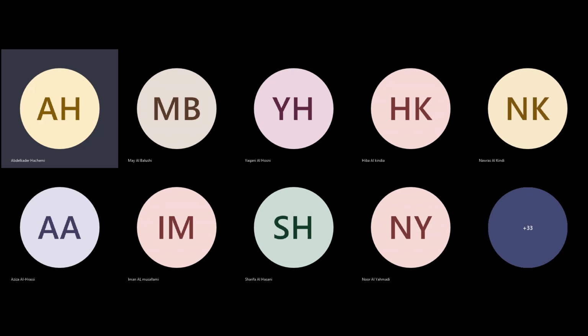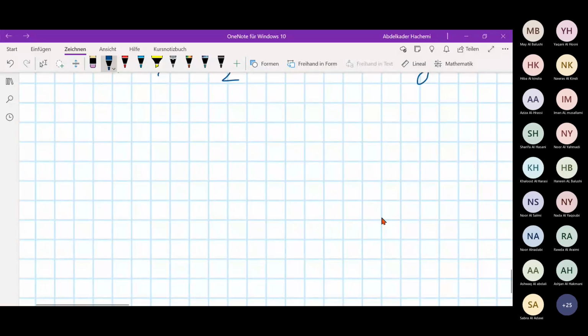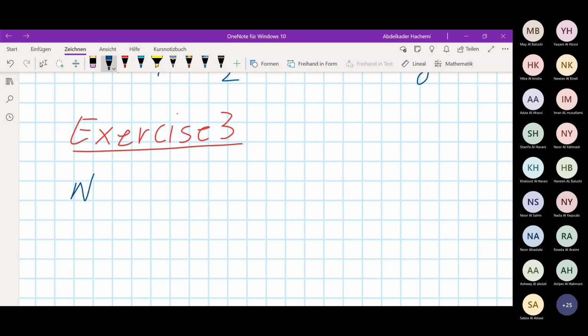If we express these equations now, here in exercise 3, using Newton's law, we always have the sum of the forces equal to the mass times the acceleration.